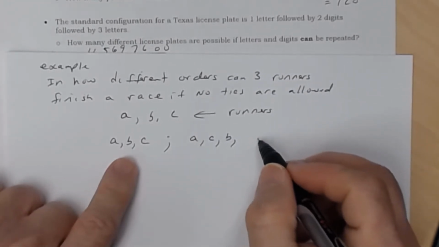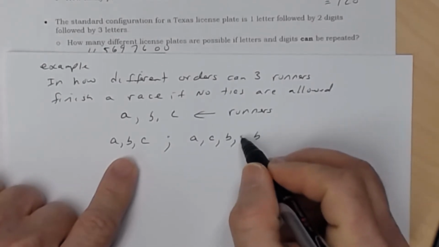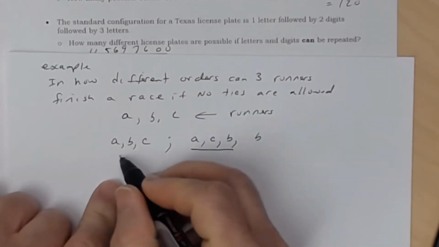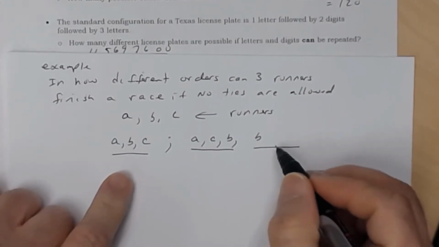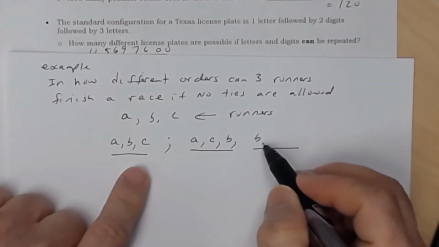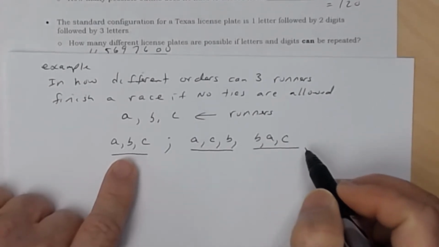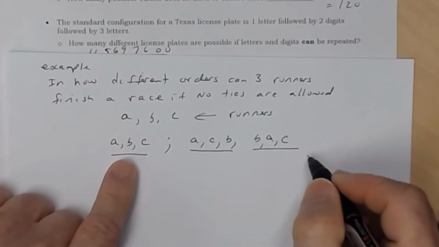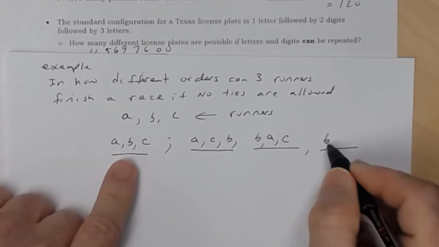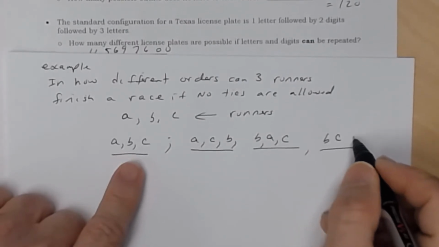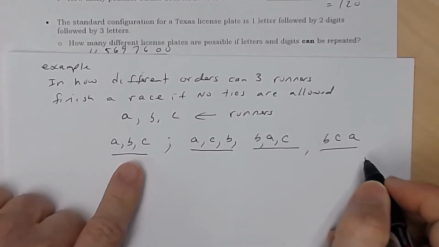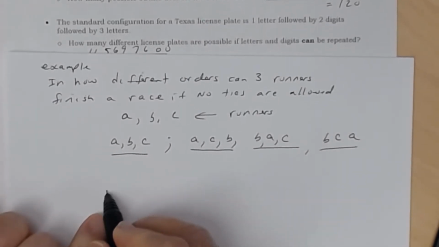All right, well, B could come in first. Let me go ahead and kind of do this. So what else could happen is B could be first, then A could be second, C could be third, right? Okay, then B could be first, C could be second, and A could be third. Y'all agree? All right. And then what else could happen?